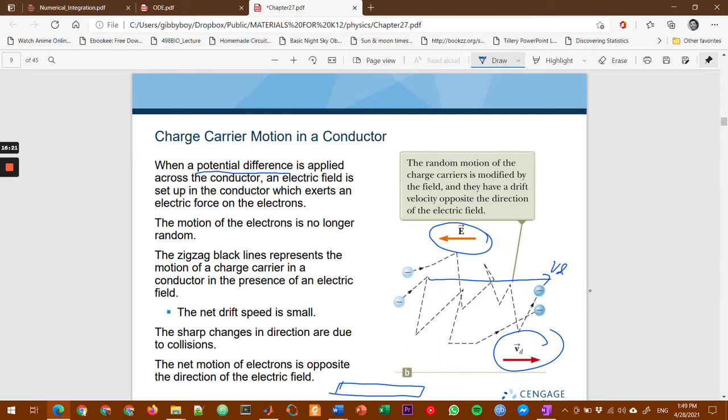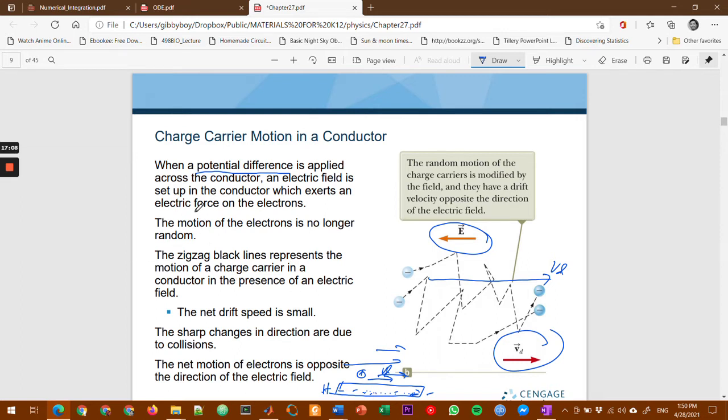The moment you turn on the circuit battery and set up the electric field, the motion happens right away. It's like the moment you turn on the light switch, you don't have to wait minutes for the light to come on. It happens instantaneously.